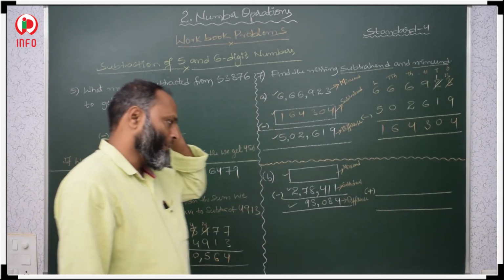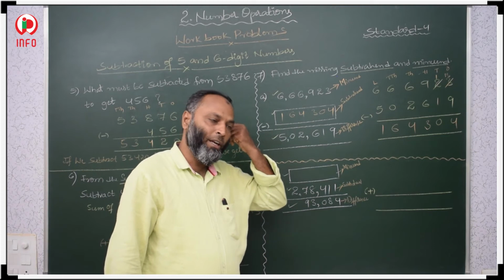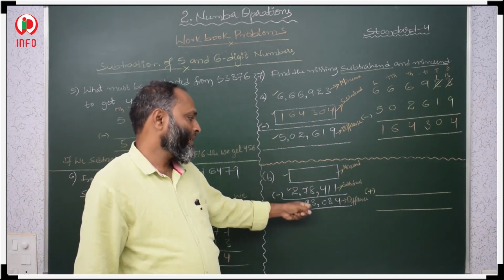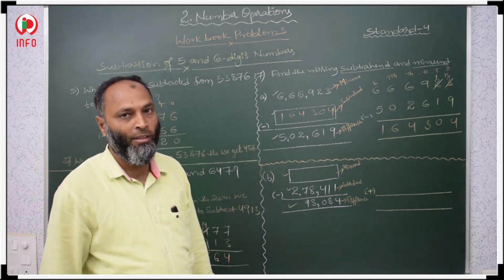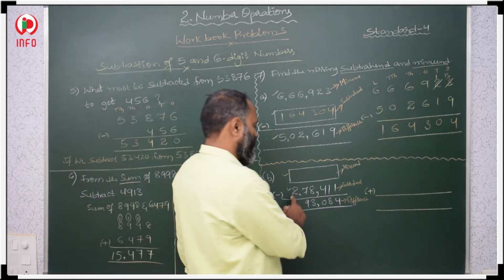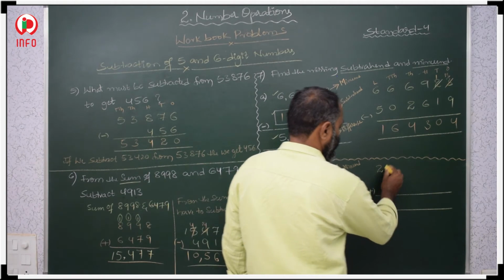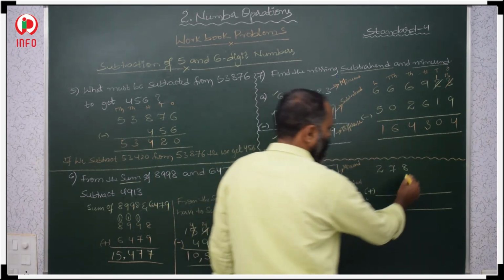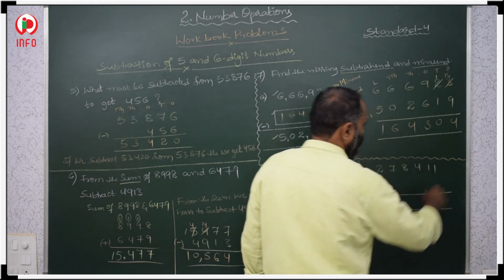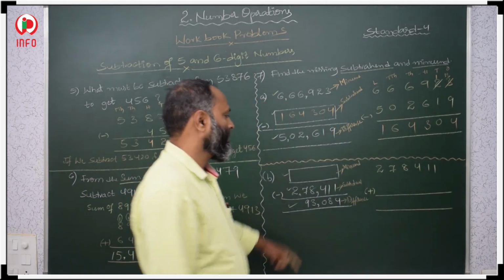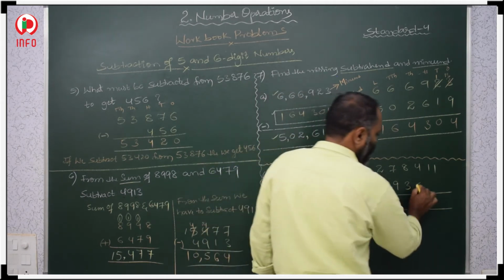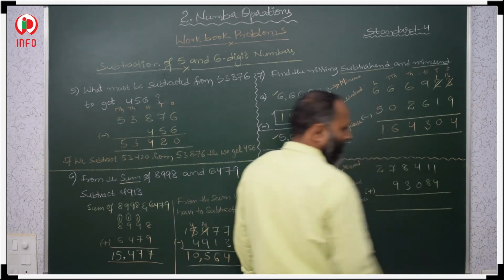How to find the minuend? Whenever the minuend is not given, just add the subtrahend and difference, then you will get the minuend. So what is the subtrahend? 2,78,411. Then the difference, 93,084. Addition.